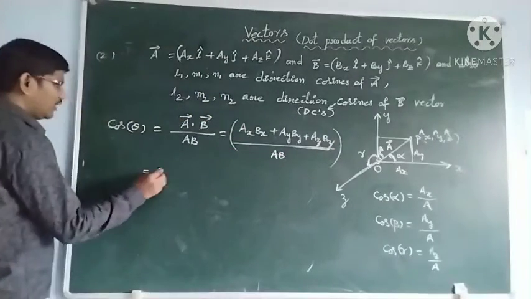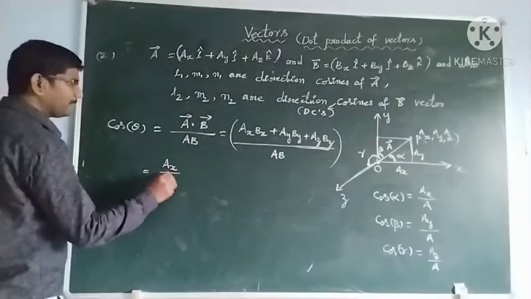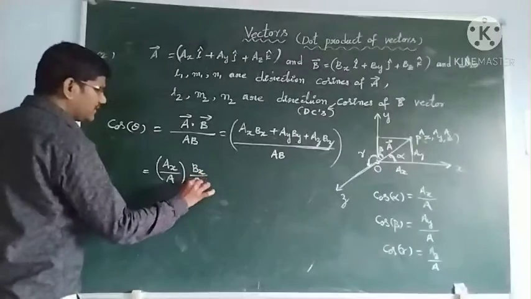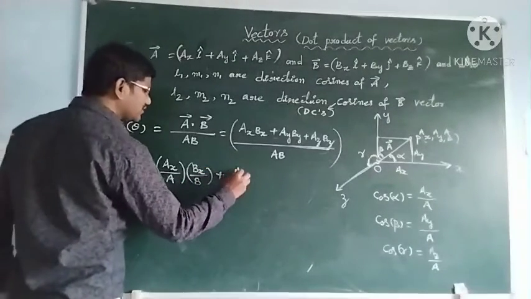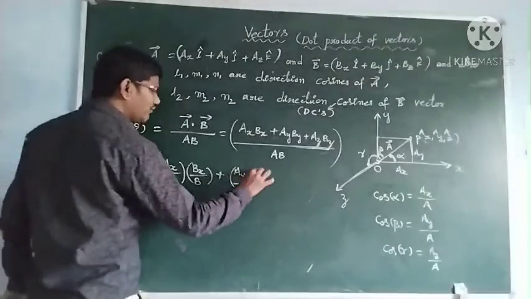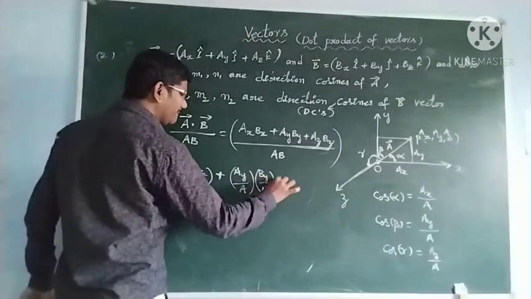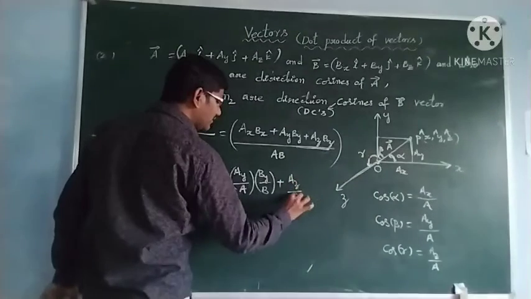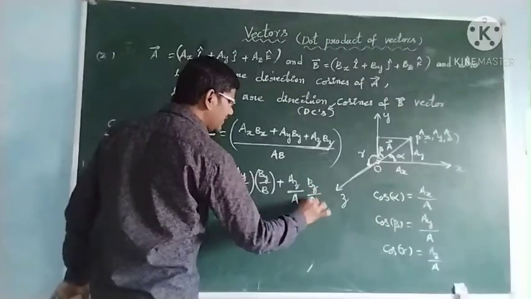So then what will you write? ax by a and bx by b, plus ay by a and by by b, plus az by a and bz by b.